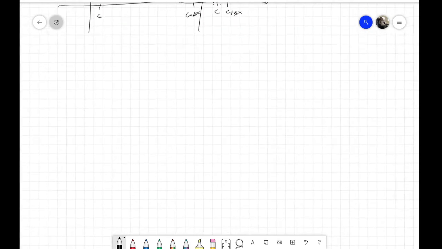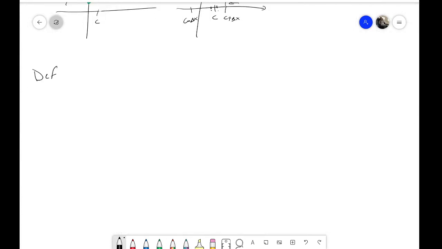So let me give you the actual definition of the tangent line with slope m.